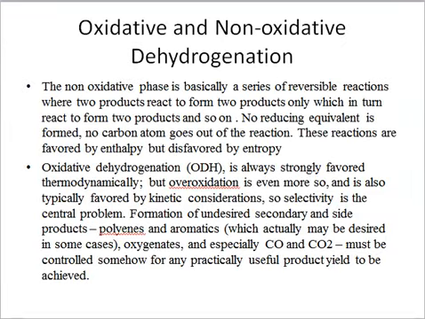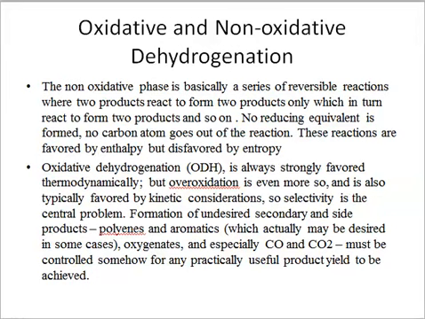Another very important thing is that dehydrogenation is of two types: oxidative dehydrogenation and non-oxidative dehydrogenation reactions. Firstly, we'll discuss the non-oxidative dehydrogenation reaction. These are actually a series of reversible reactions where two reactants react to form two products only, and these two products again form two products, and so on.